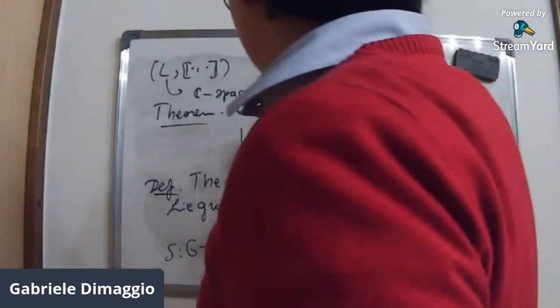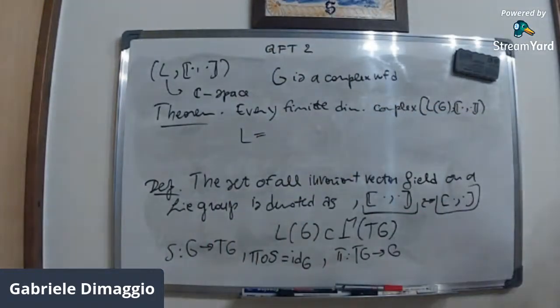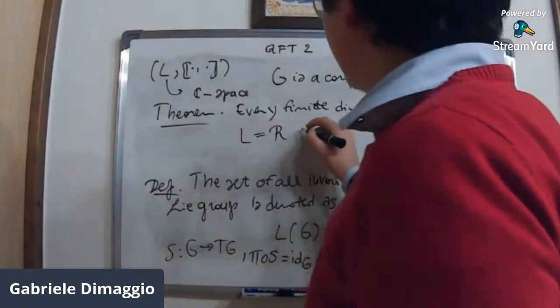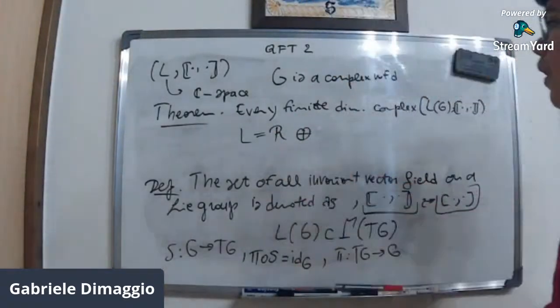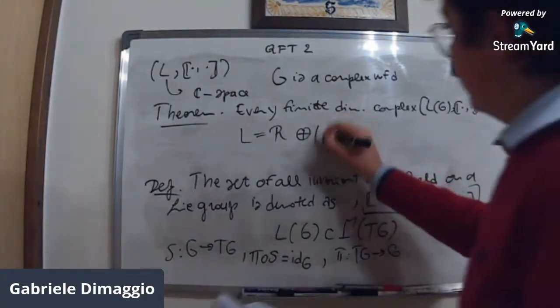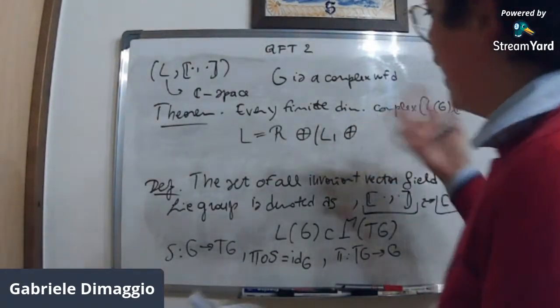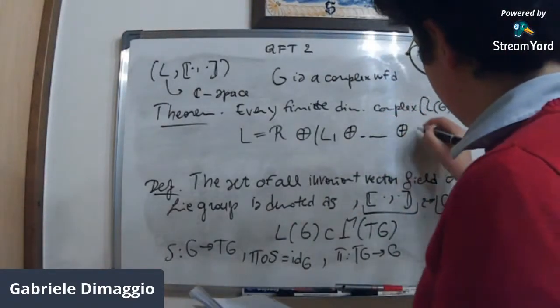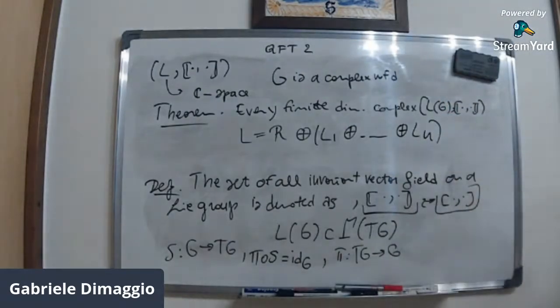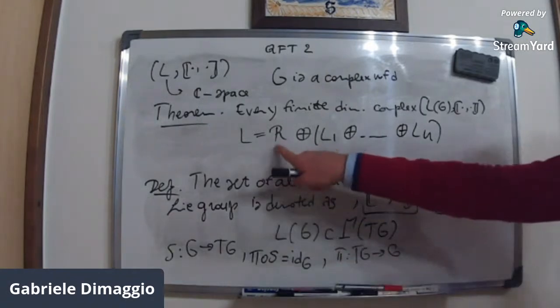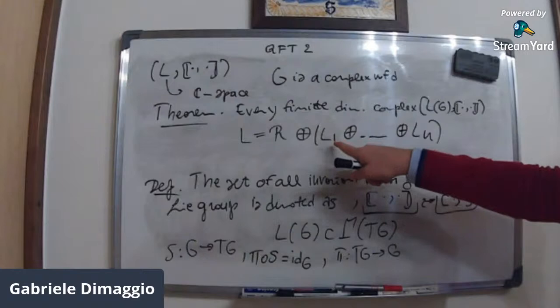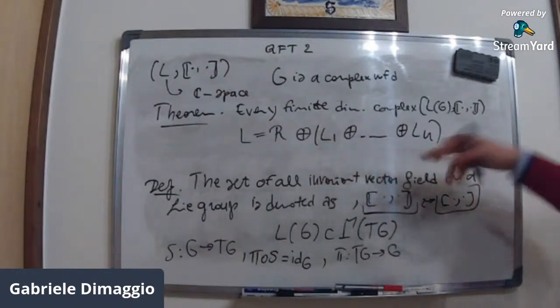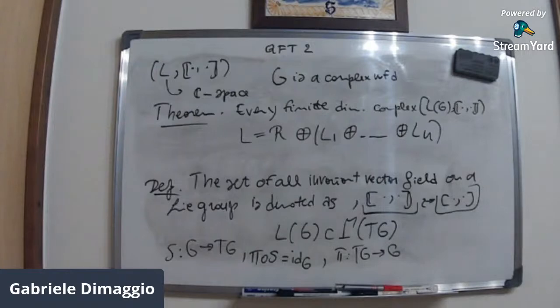I can write L as equal to R direct sum L1 direct sum, of course, up to Ln. So what are R and L1, L2, L3, L4, and so on until Ln?